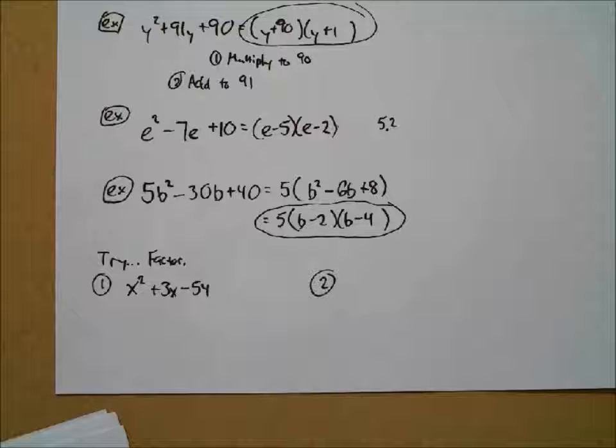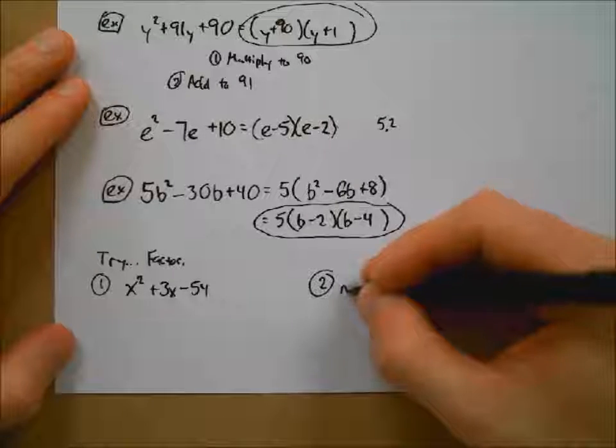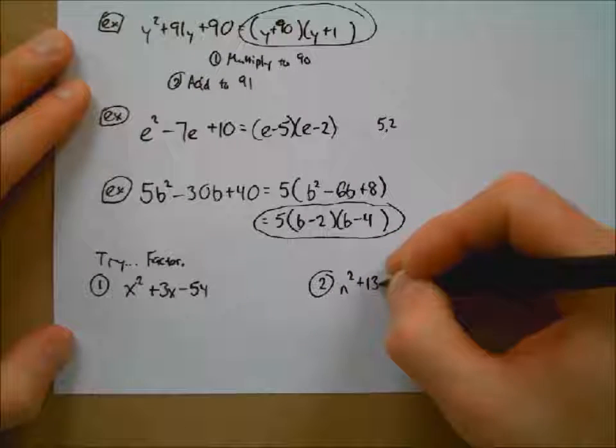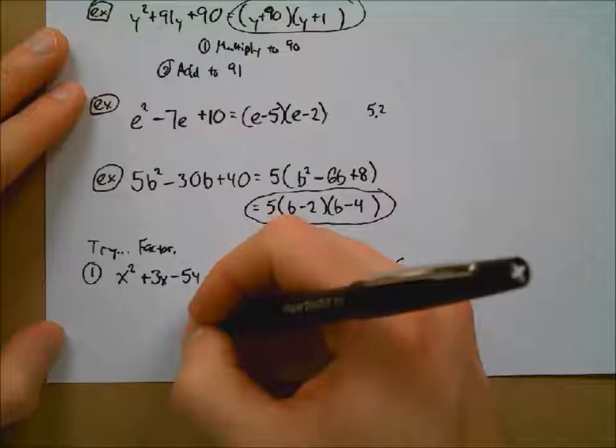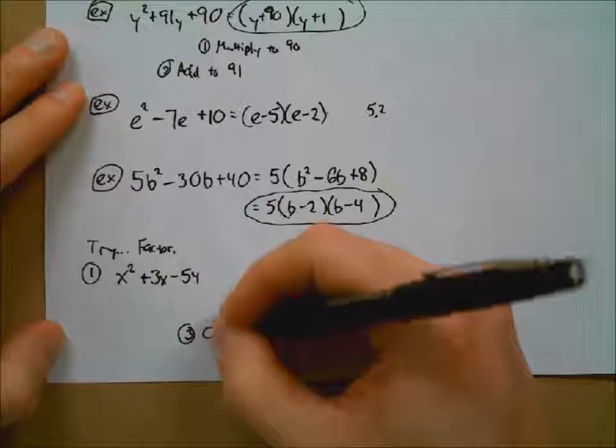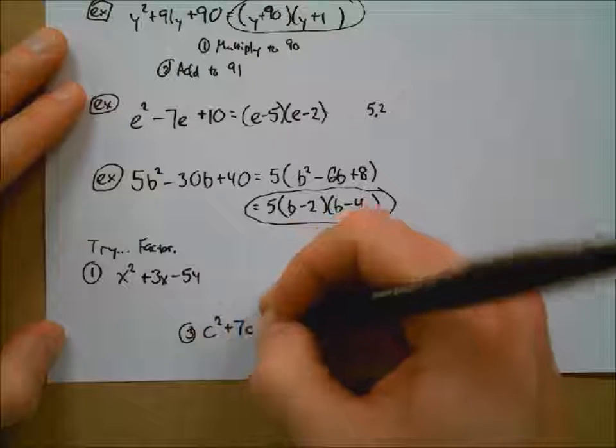Actually, I'm going to give you 3. N squared plus 13n plus 36. And then number 3, I'll put it right down here. C squared plus 7c plus 7.